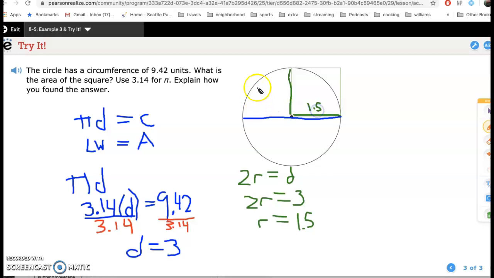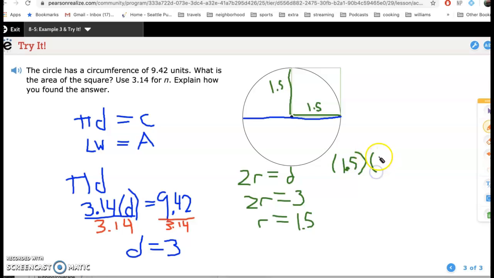1.5, right? This one is 1.5. So to find the area of a square, we multiply the length times the width, right? So that means I'll make that 1.5, the length. Sorry about that.